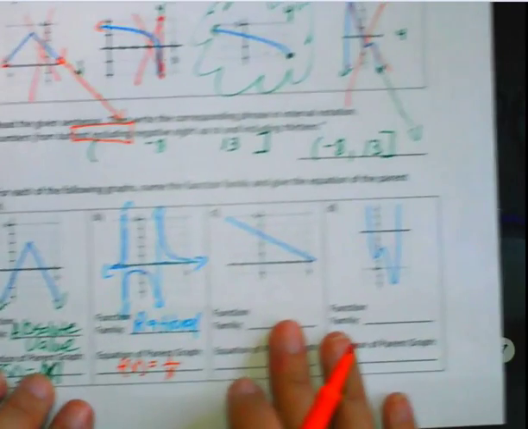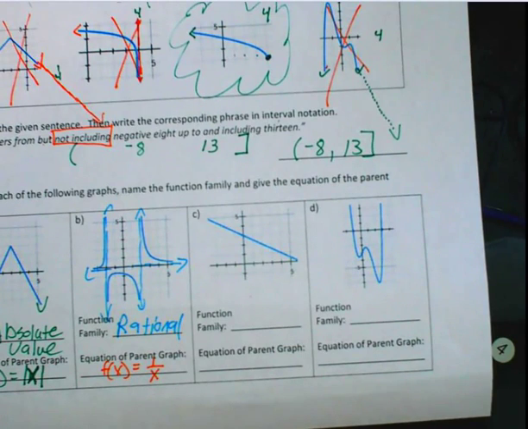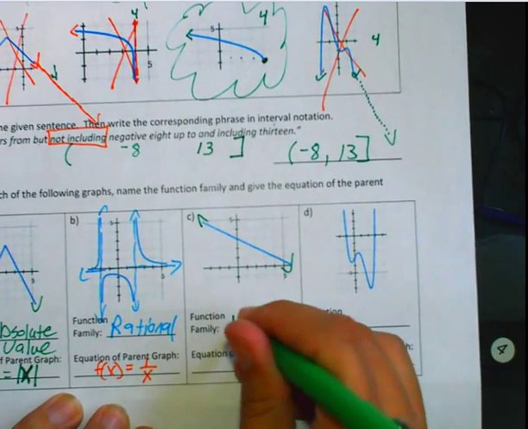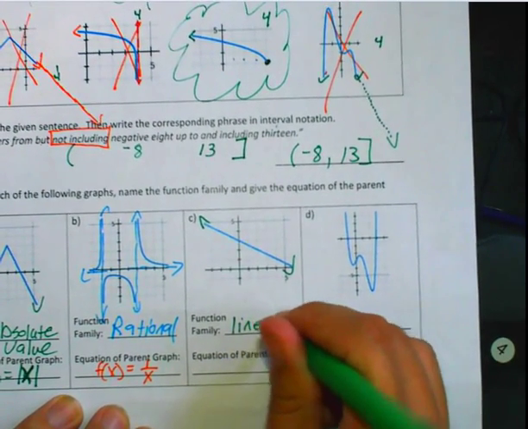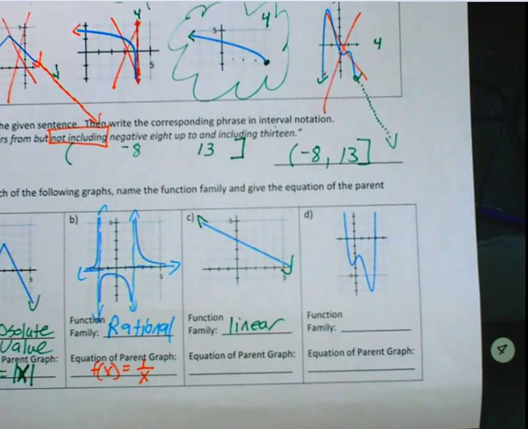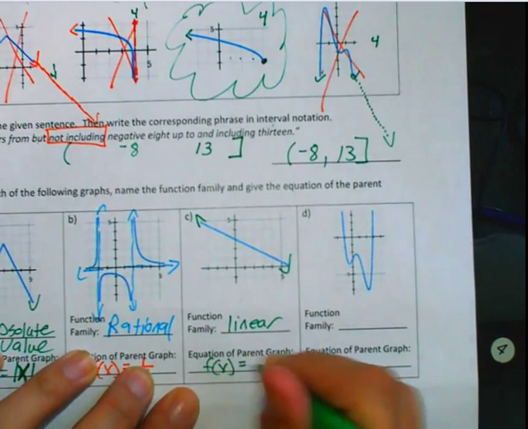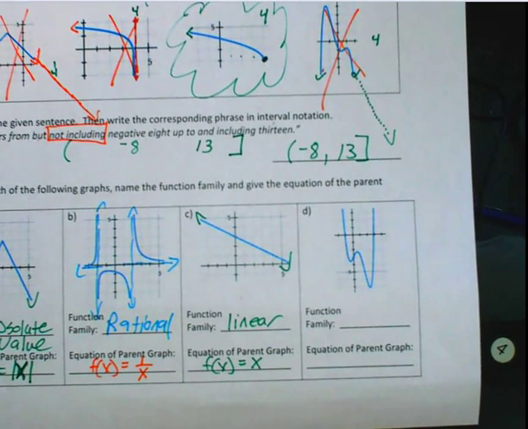Let's take a look at the next one. This is the one everybody better get right. This is a line, so it's a linear function, and the parent equation is f of x equals x.